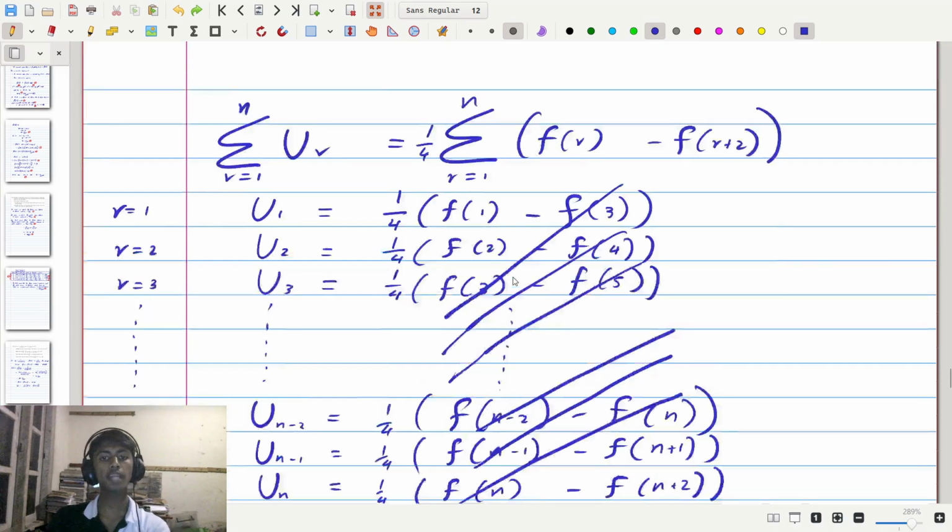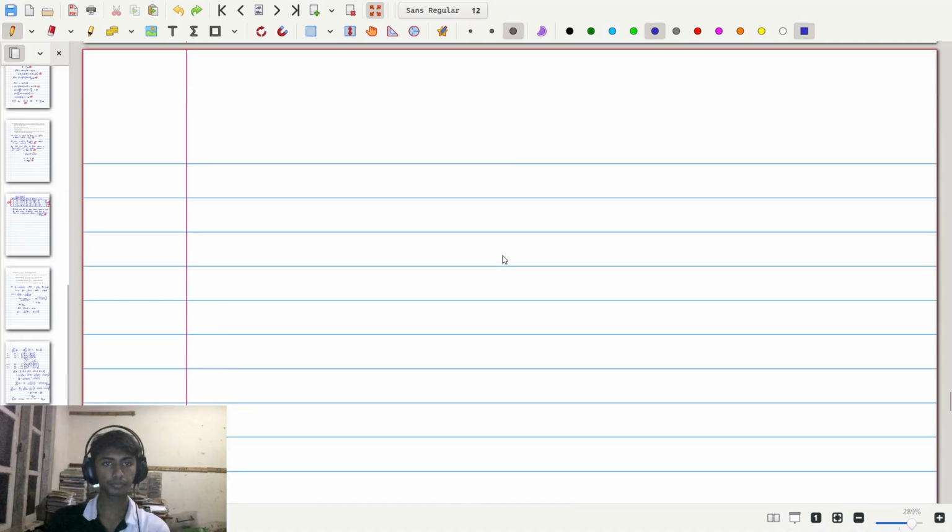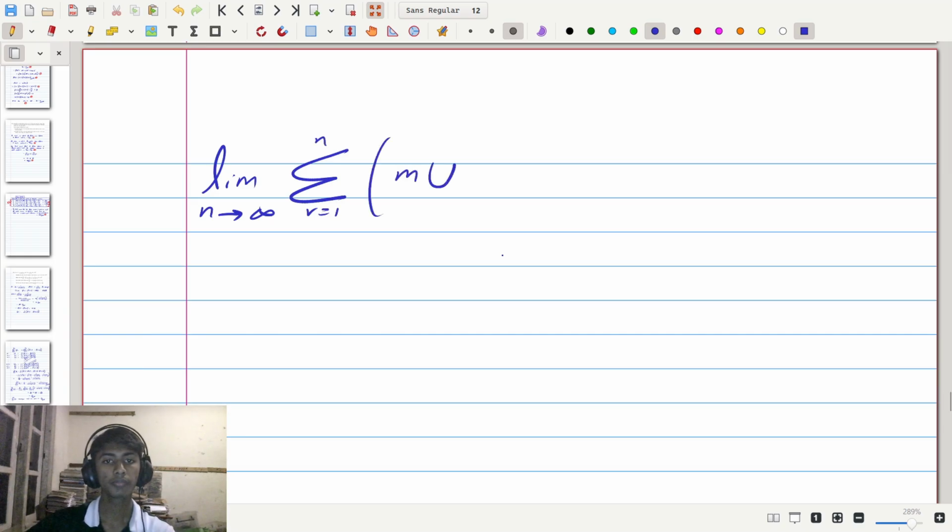Now, going down, if we write this, we have to find the value of m such that the limit as n approaches infinity of the sum from r equals 1 up to n of m times u of r plus u of n plus 1 minus r is equal to 11 over 32.